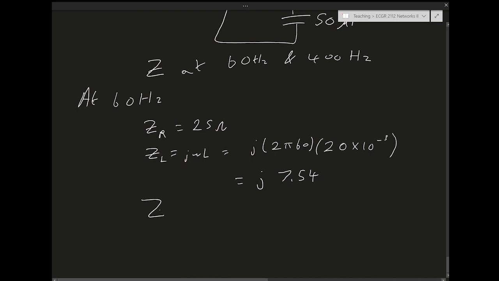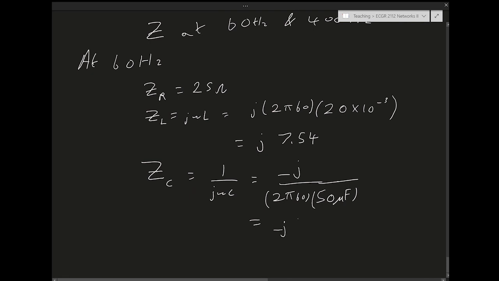The impedance of the capacitor is 1 over j omega C, which is minus j over omega C, with omega 2 pi 60 and C 50 microfarads. If we crunch the numbers, we get minus j 53.05.